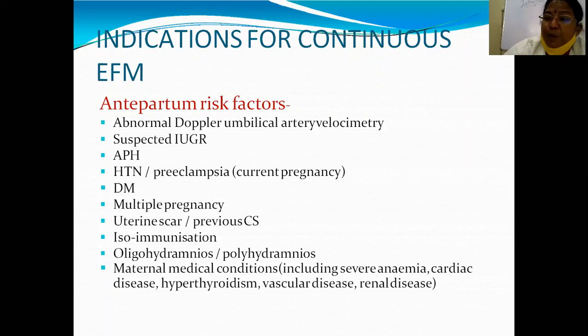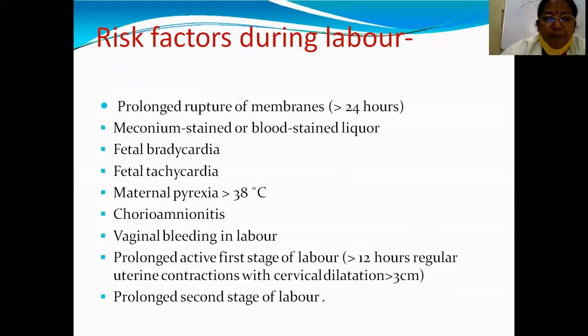Judicious monitoring is very important, because there is a chance of scar rupture, scar dehiscence. So in these cases we go for continuous fetal monitoring. Then Rh immunization, also an important thing. Any maternal conditions, anemia, cardiac disease, medical disorders.